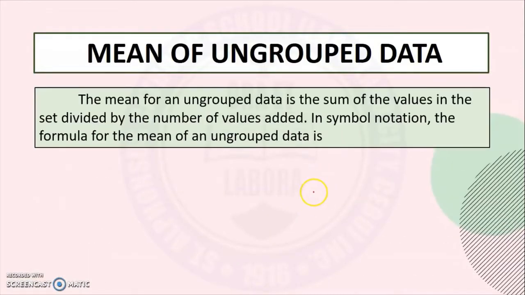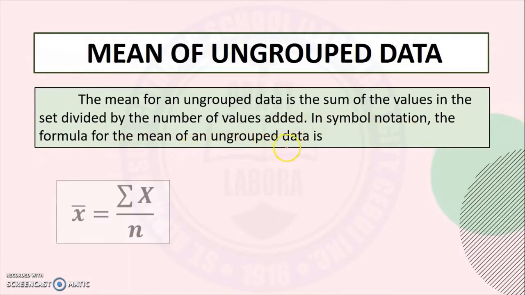The mean for ungrouped data is the sum of the values in the set of data divided by the number of values added. In symbol notation, the formula for the mean of ungrouped data is this one.